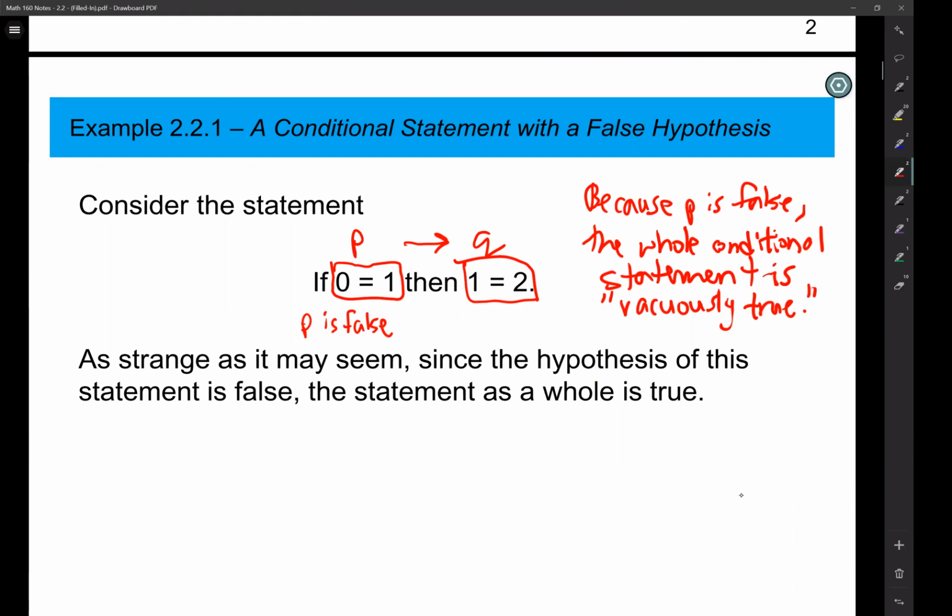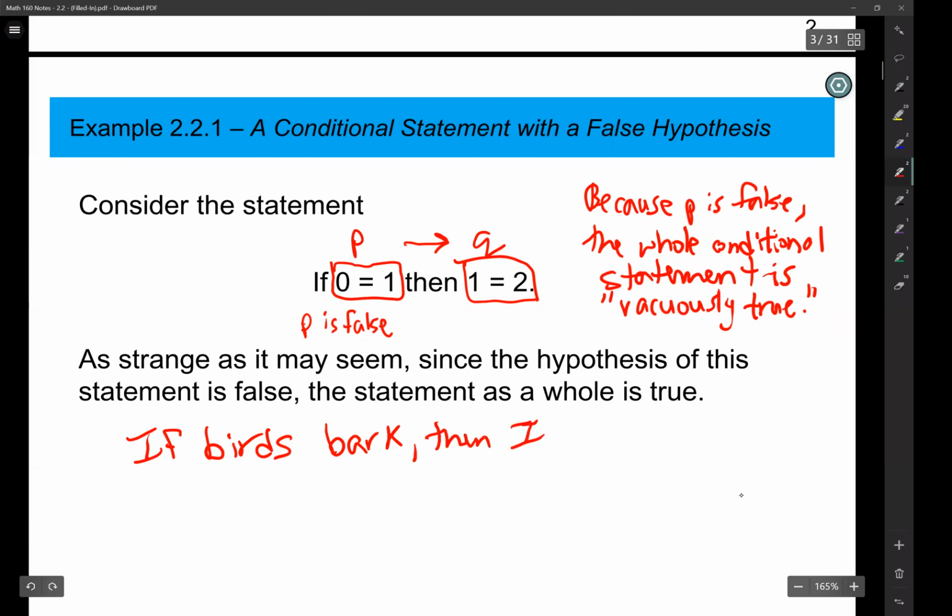Something like, if birds bark, then I'll win the lotto. Birds don't bark, they chirp.